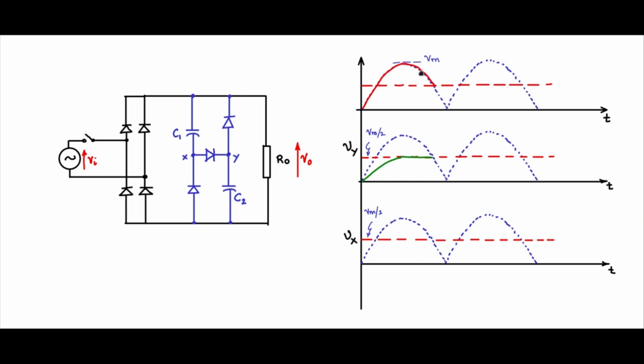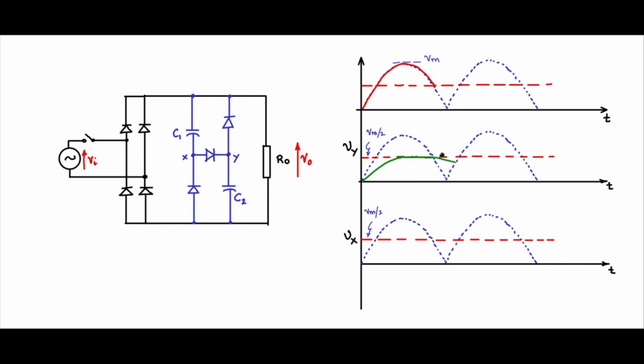Till it reaches this point, the output will track the input, and till that time voltage across the capacitor and voltage across C2 both will be fixed constant, because there is no discharge path for the capacitances. The load is serviced directly by the input during this time.